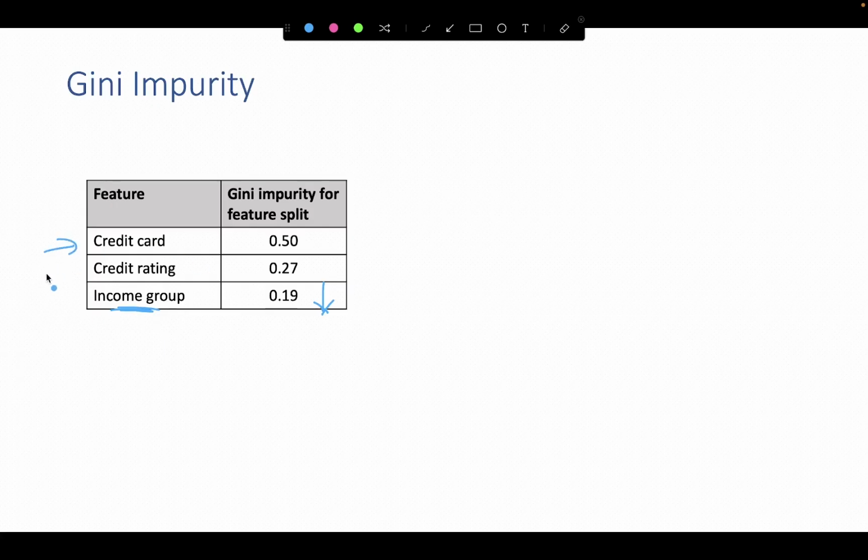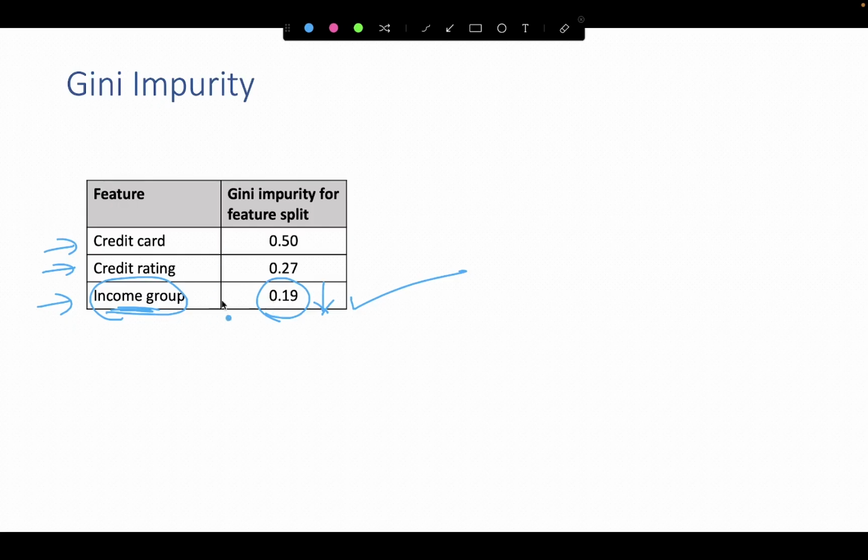So we have evaluated 3 different feature splits here. We understand that the income group feature split produced a minimal impurity value, and hence we select the income group feature split over the other feature splits that we have evaluated. So this is how you look at computing Gini impurity at individual subnodes, computing the weight, multiplying the weight with respect to the individual Gini impurities, and adding up all of those terms in order to compute what you call the weighted Gini impurity for the feature split.